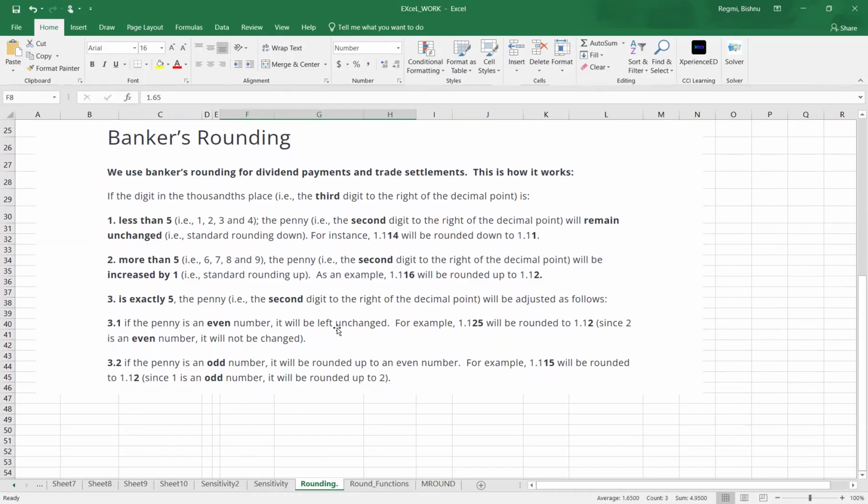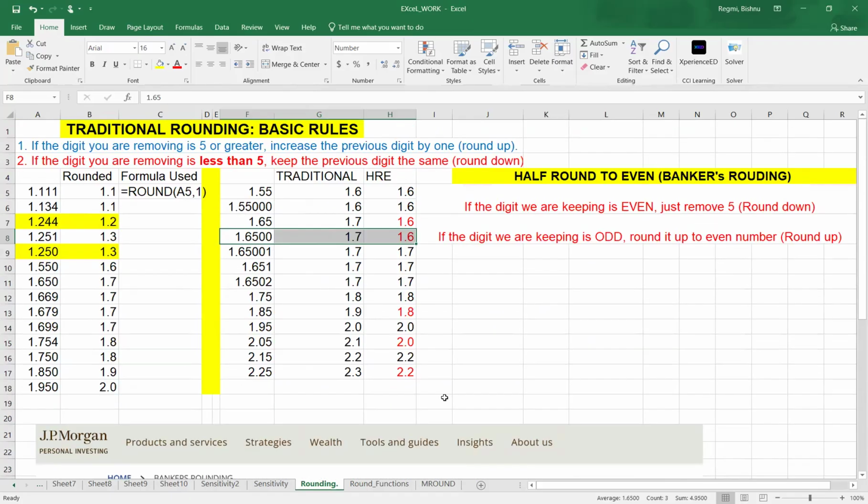For example, 1.125 will be rounded to 1.12. If the penny is an odd number, it will be rounded to an even number. For example, 1.115 will be rounded to 1.12. So I hope you have now learned how rounding methods are used in both scientific and financial fields.